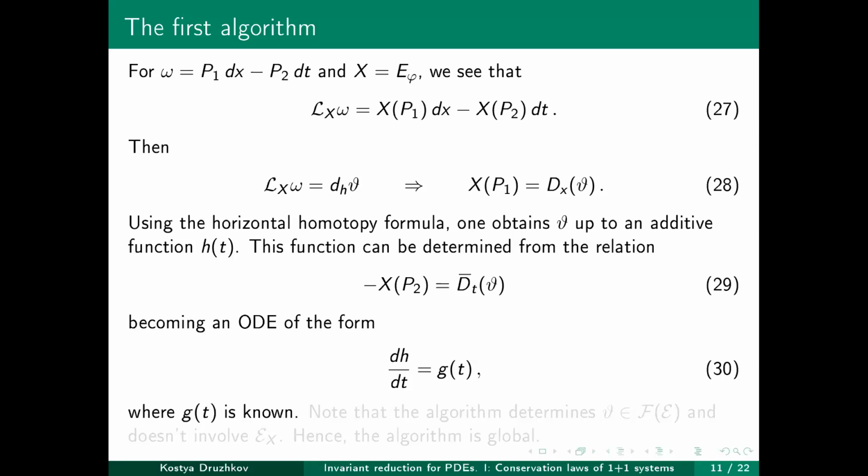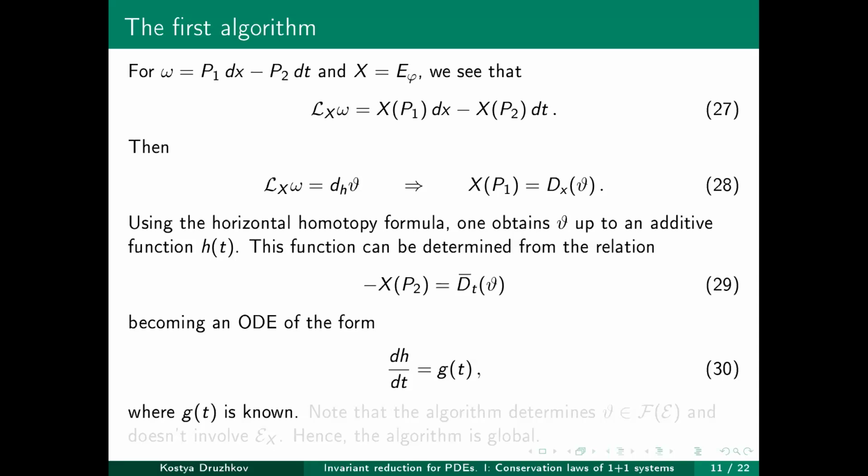It's given by formula 27. On the right-hand side, we have derivatives of components of the representative of the conservation law. Then from our main relation it follows that the derivative with respect to x of p1 must be the total derivative with respect to x of our desired function.